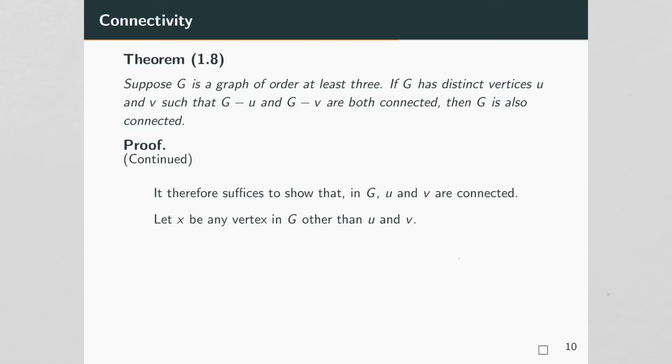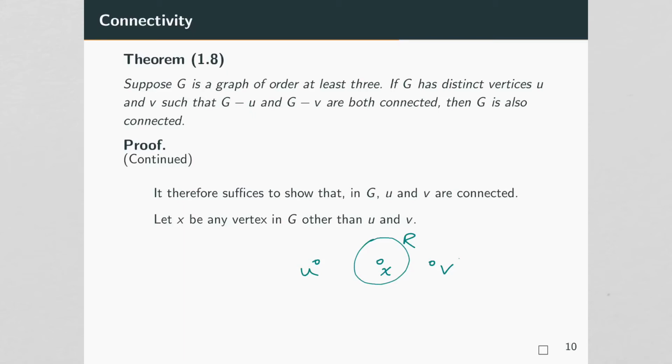So now let's prove that U and V are connected to each other. What we do is choose any other vertex X out of the graph other than U and V. And we know there's something to choose because G had at least 3 vertices to begin with. So we've got U and V, and then we've got some vertex X in that R set.